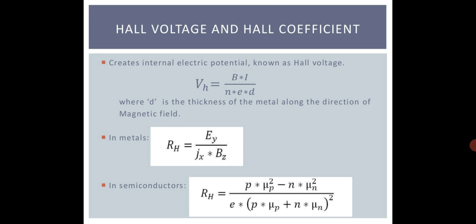So Hall voltage is equal to applied magnetic field induction into current divided by number of charge carriers into charge, and the thickness of the metal along the direction of magnetic field. So in metals, the Hall resistance is equal to Ey upon Jx into Bz.